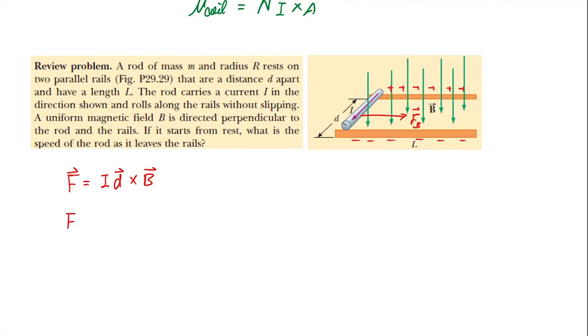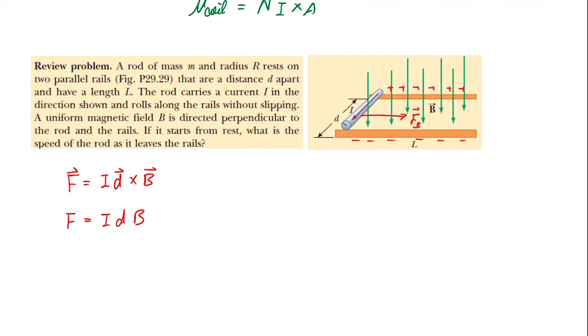So the magnitude of this force, because we know the direction now, is just I D B. D is the width of the rail gun, the distance between the rails. B is the magnetic field that we can control, and I is the current that we can control, depending on the potential difference between the two.